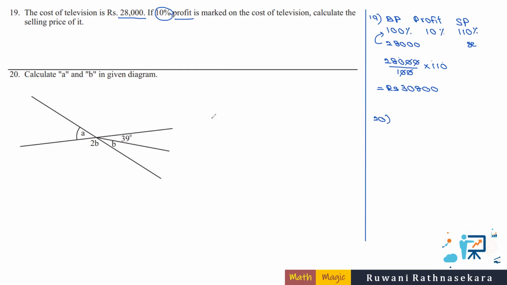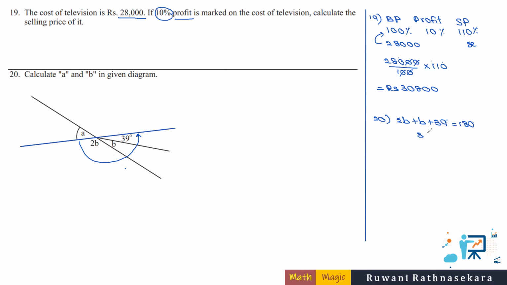Right. The 20th question is to find the value of A and B. There's no way that you can find A first. We have to start with B. Right? To find B, you have to consider the angles on a straight line, where you get 2B plus B plus 39 degrees equals 180 degrees.